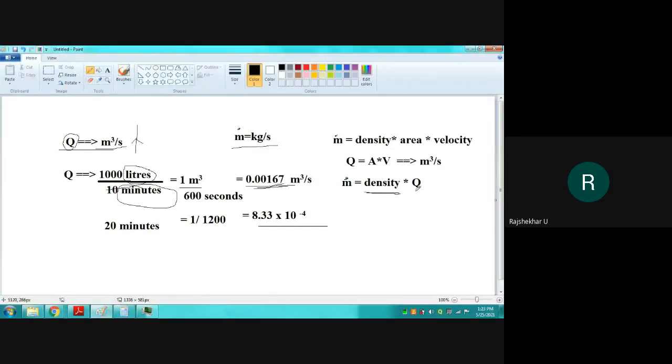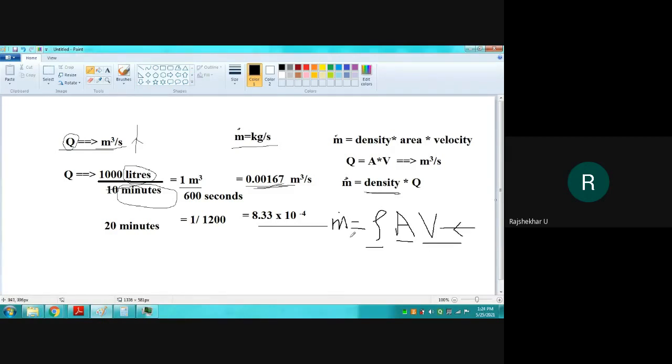So m dot is equal to rho into Q, or m dot is equal to rho A V. Rho is density, A is area, V is velocity. Density indicates the density of the liquid which is flowing. A indicates area of the cross-section or area of the pipe. V indicates velocity of the fluid. This equation is applicable to gases.